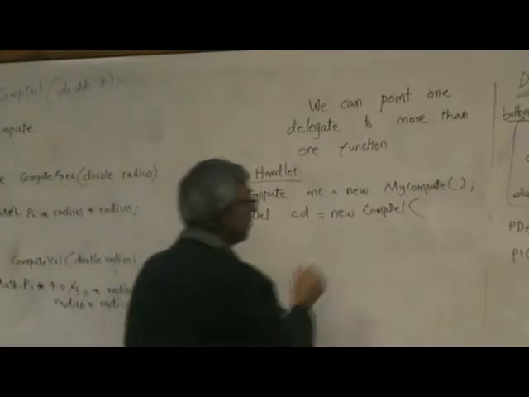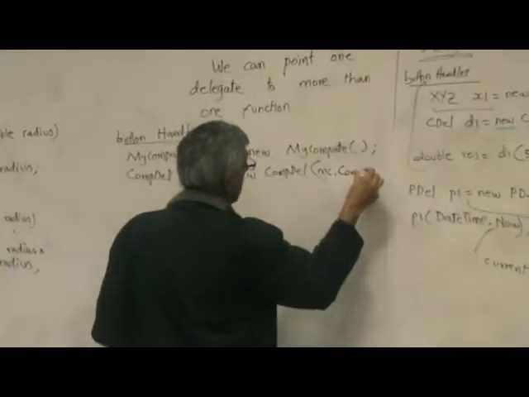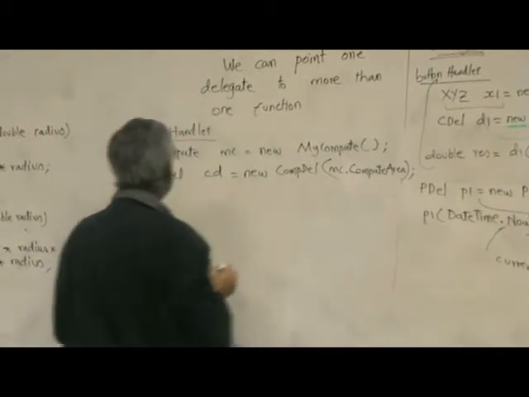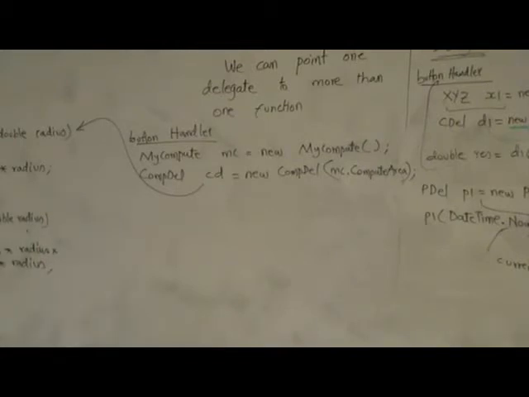So what will I write over here? mc dot ComputeArea, correct? So now cd is pointing to over here. Everybody agrees? Yes. Okay, how do I make it point to the second function also?